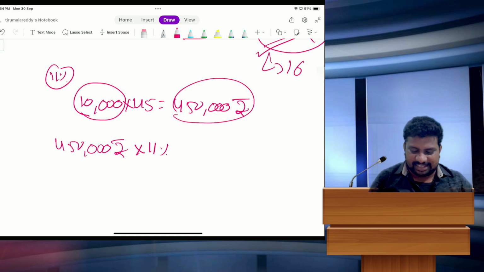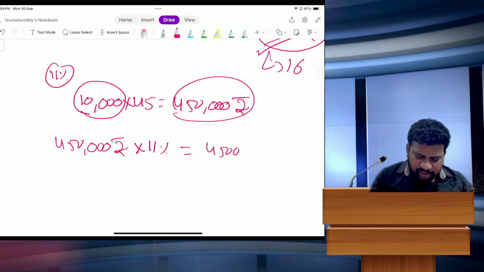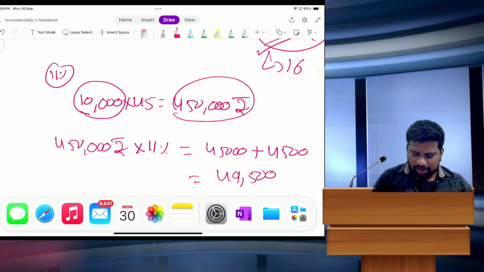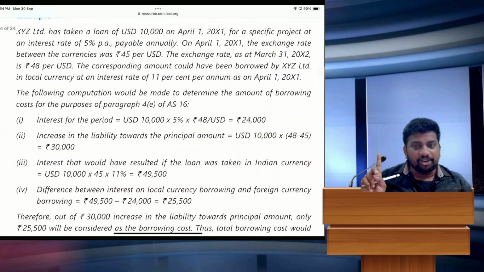So 4,50,000 into 11%: 10% comes to 45,000 and another 1% comes to 4,500. So total comes to 49,500. Just cross check once in the calculation part. Yeah, 49,500.